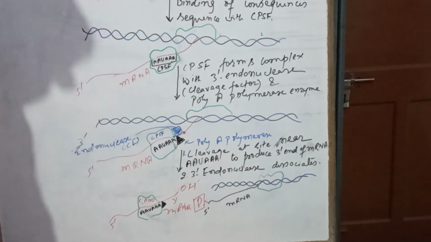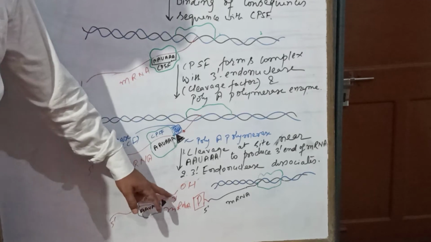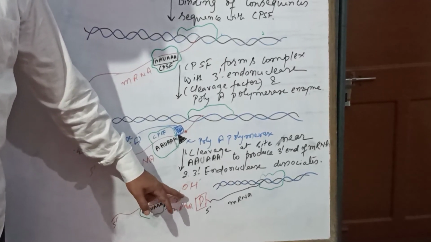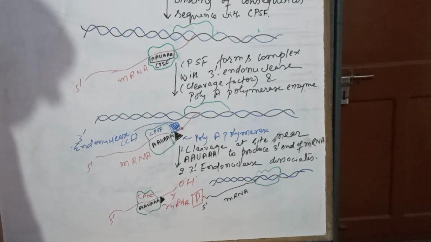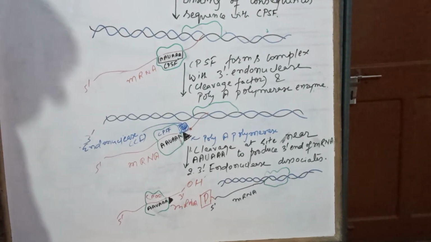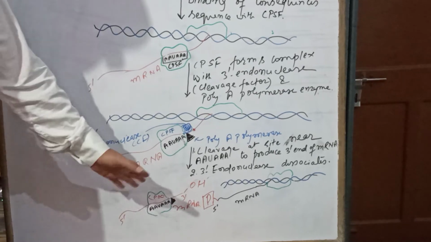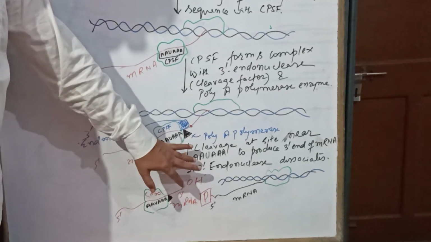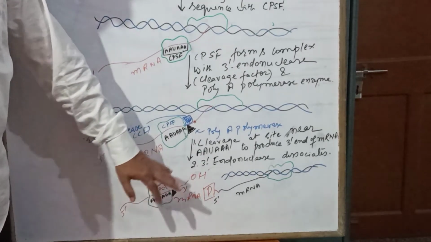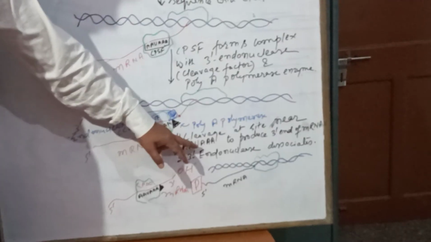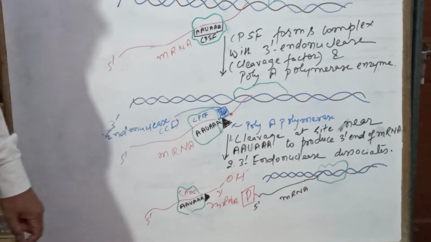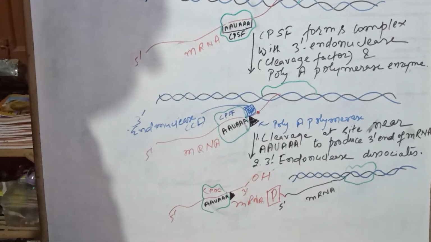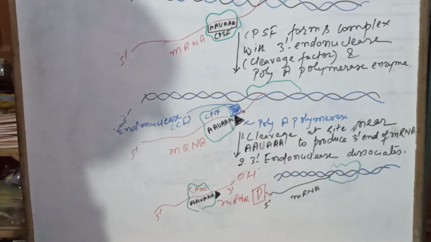Obviously when the cleavage occurs, if here the 3' OH is there, then the mRNA with the DNA template will have the phosphate at 5'. So two things happen simultaneously: cleavage at the site near the consensus sequence, and dissociation of the cleavage factor, that is the 3' endonuclease.